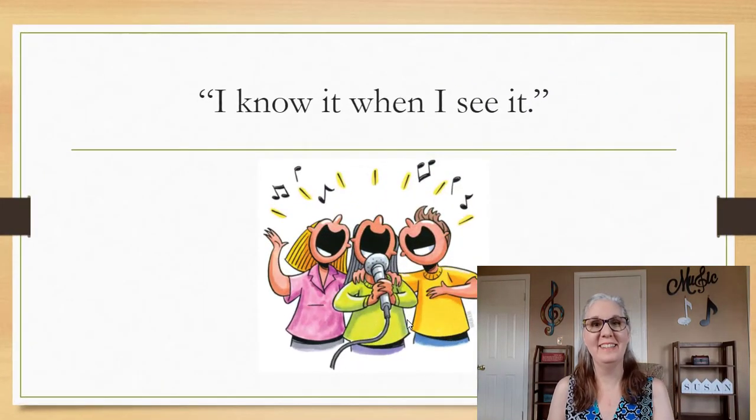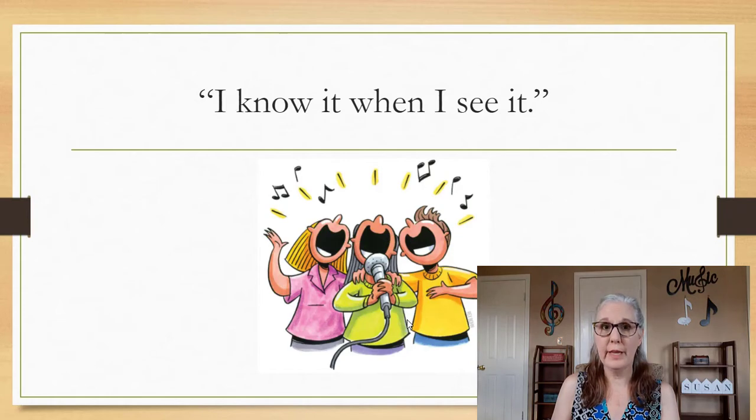A lot of music educators, especially veteran music educators, can tell you they know an A student when they see one or hear one. If they've got 20 years' worth of experience listening to high school students sing or elementary students sing or band people playing an instrument, they're probably right on the mark with knowing this is an A student, a B student, a C student.